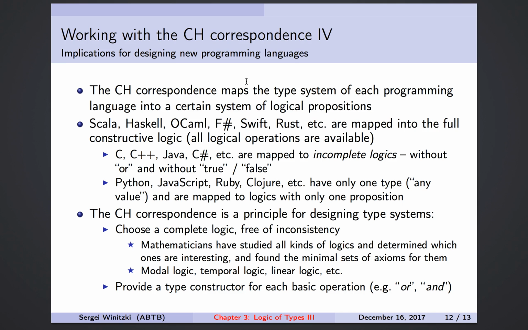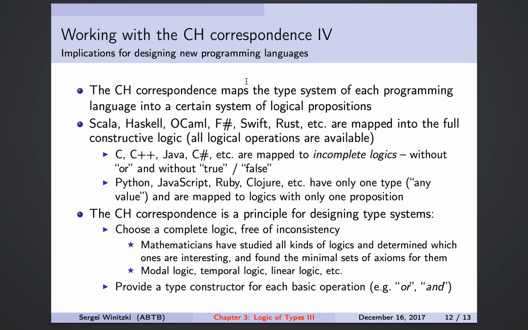So one consequence of this is that if you have a good logic that is powerful and can have a lot of interesting, non-trivial theorems, then you can implement a lot of interesting and non-trivial functions in your programming language. And all these functions will be automatically checked correct.